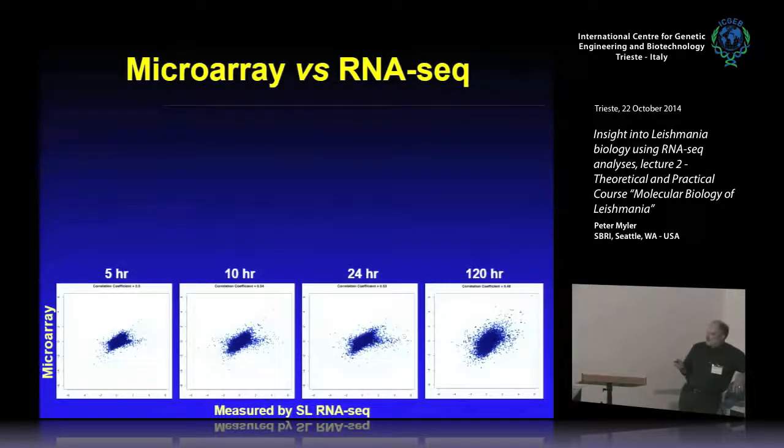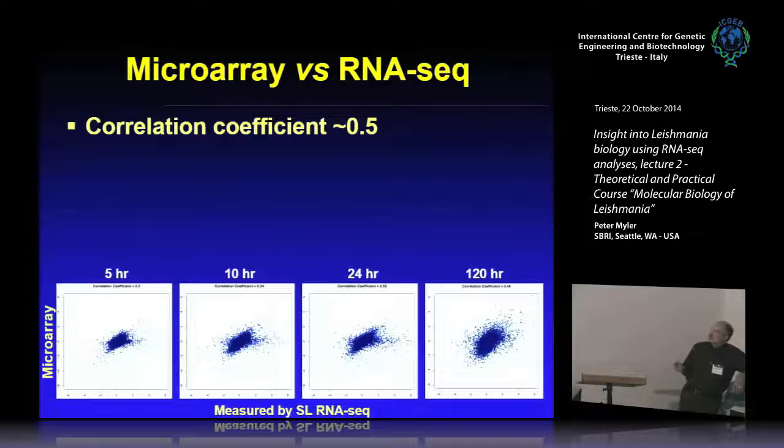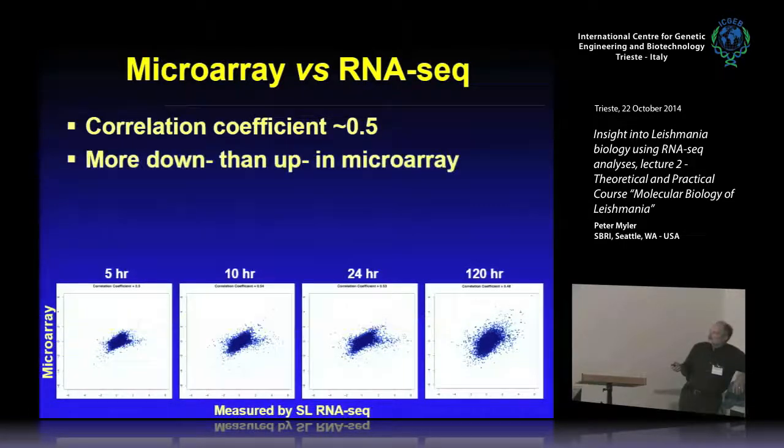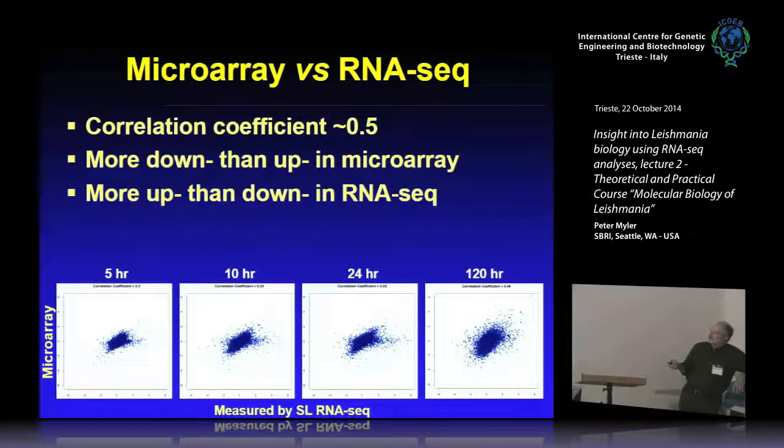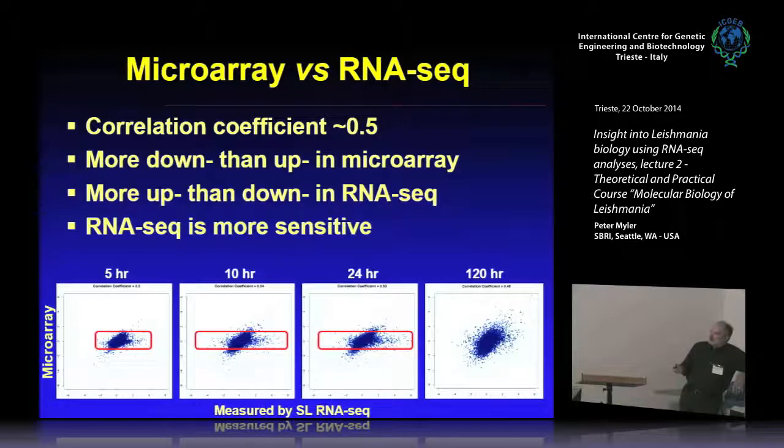And that's perhaps brought home by this experiment here, where we compared the results from the microarray versus the RNA-seq data, and we find relatively modest correlation coefficients. And it gets worse the further out you go. What it does point out, though, is that there are a bunch of genes where by microarray we saw no change in RNA levels, but by splice leader we did see substantial changes.